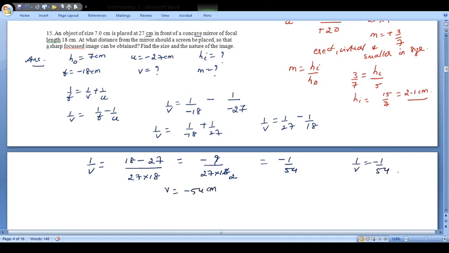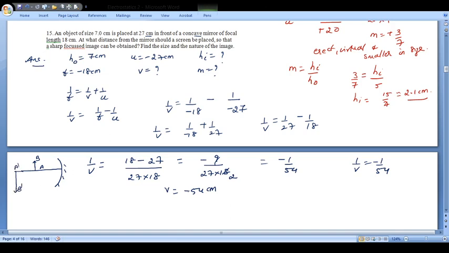Now see, minus 54 centimeters means what? That you have a concave mirror here. So if you had an object at 27, if the object was here, this was AB, your image is formed on the same side, minus. It means it is forming here on the same side. That is why minus came for v, A dash B dash.